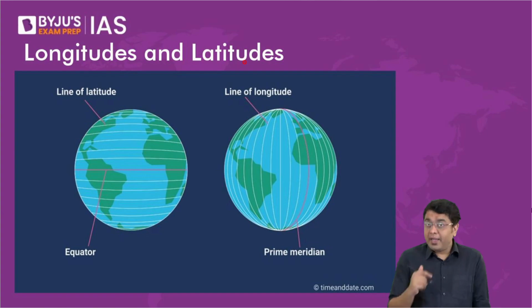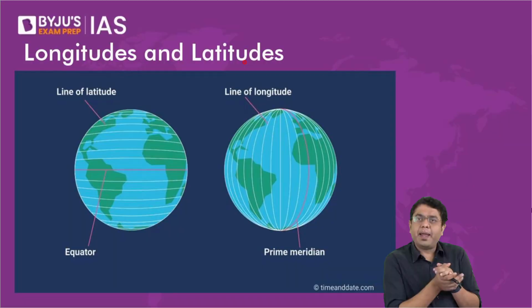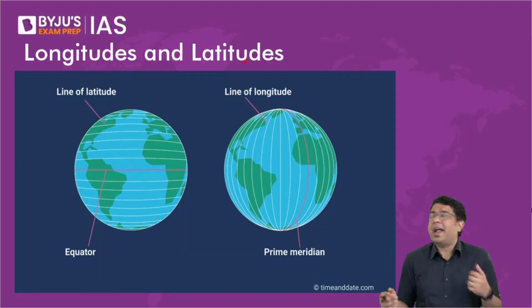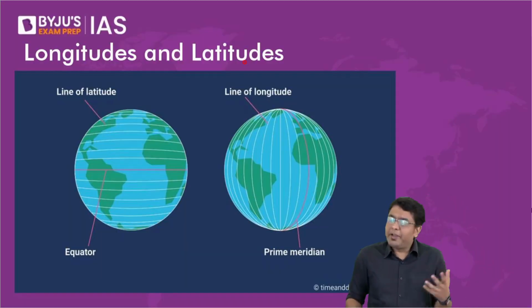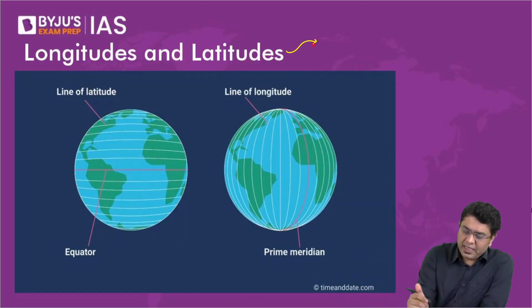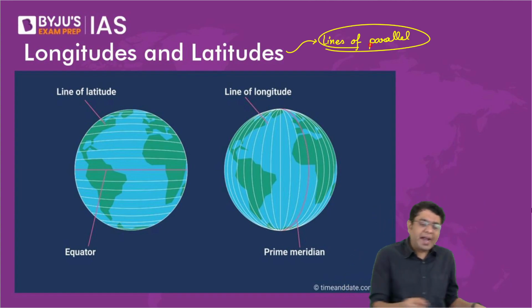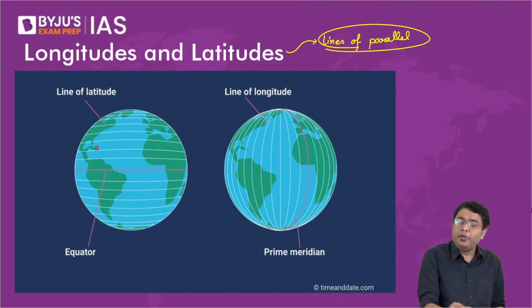Now, here we introduce ourselves to the set of imaginary lines created across the planet for timekeeping and also for navigation purposes. Those are latitudes and longitudes. When we talk about latitudes, these are also referred to as lines of parallel, because these are the horizontal lines that you see.